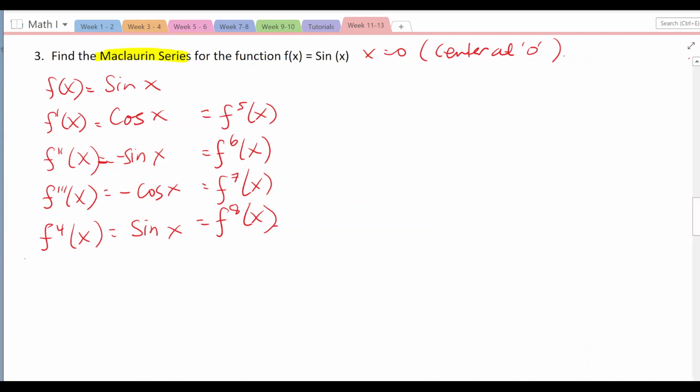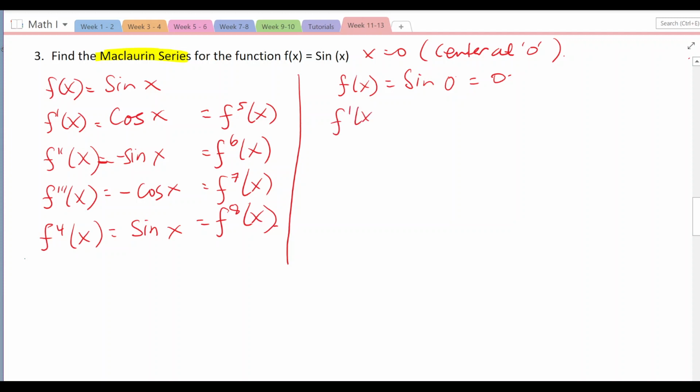For the first one, f of x is sine x, and sine 0 is 0. Let me write it down clearly here: sine 0 is 0.